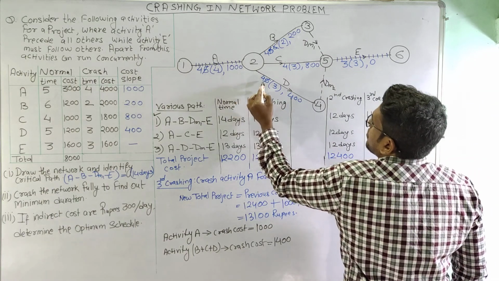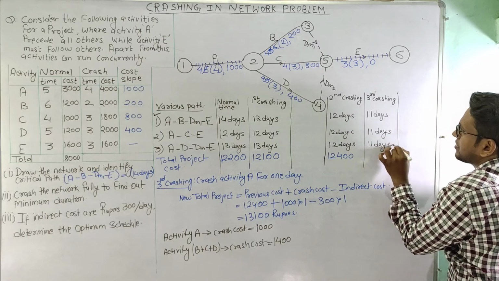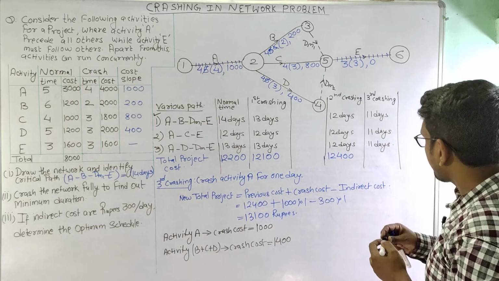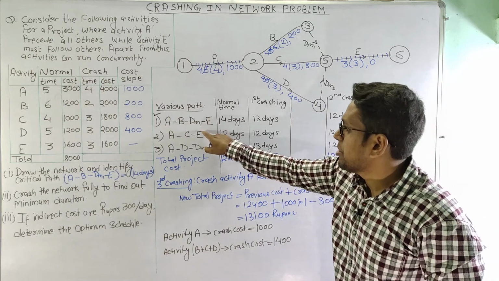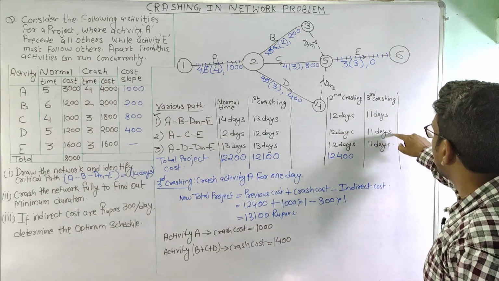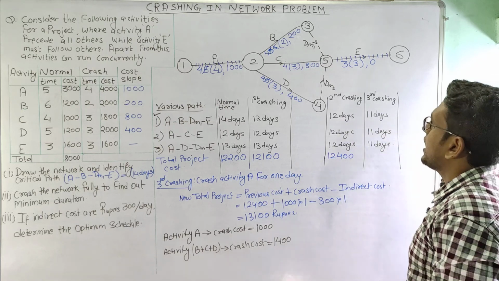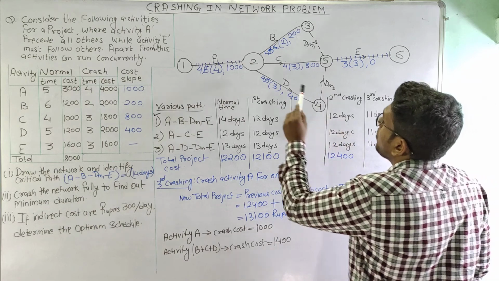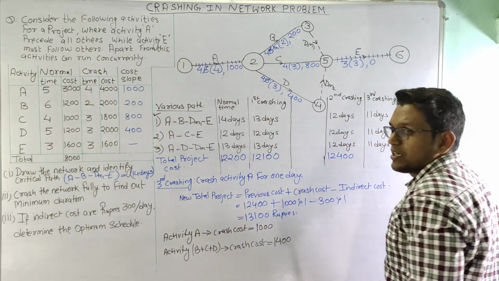Here it is 4 plus 4 plus 3, it is 11 days. So again we are seeing that all the three paths now have the time of 11 days, and now we will have only activity B, C and D for crashing.